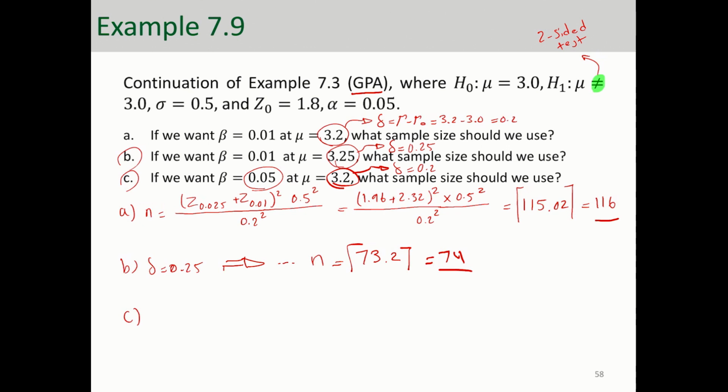So everything stays the same, just z of 0.05 is 1.64, and you basically use the same calculation. You replace that with 1.64, and you do the math with the same delta of 0.2. Your n would be 81. So 81 is the sample size that you would need to satisfy this beta level. If you increase your sample size, your beta goes down. It's a good thing.